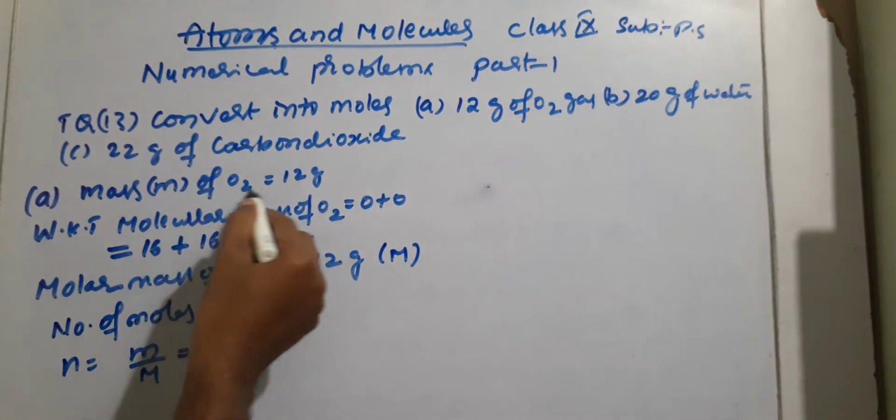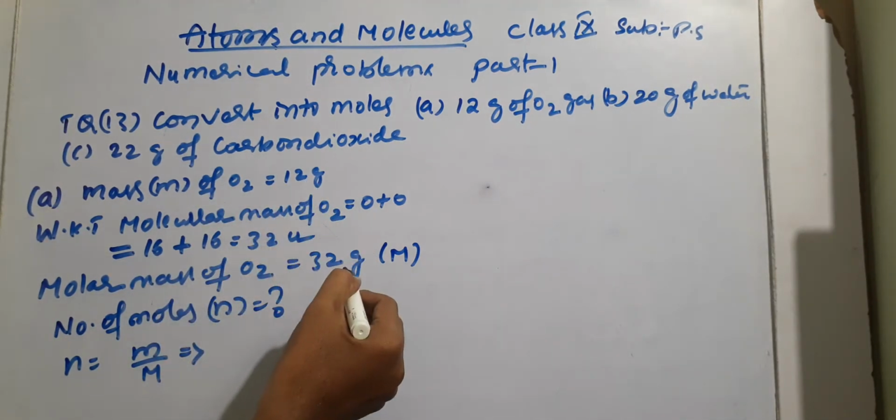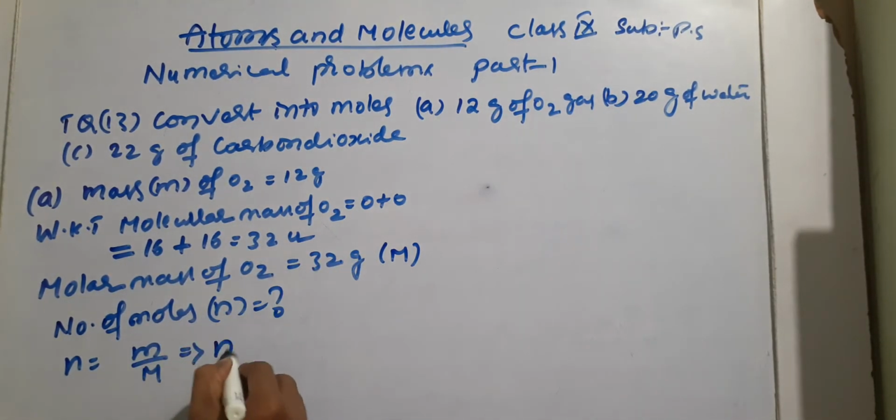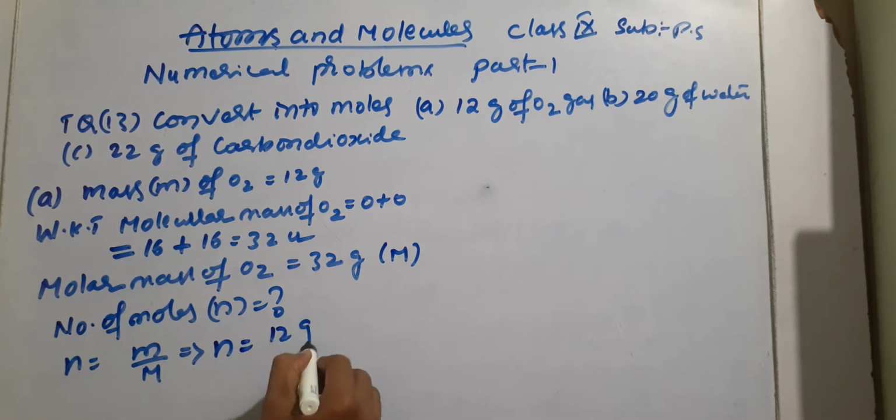Formula: mass of the given substance divided by its molar mass. So N is equal to 12 grams by 32 grams. Grams cancel. 4 threes are 12, 4 eights are 32. 3 by 8. So N is 3 by 8.